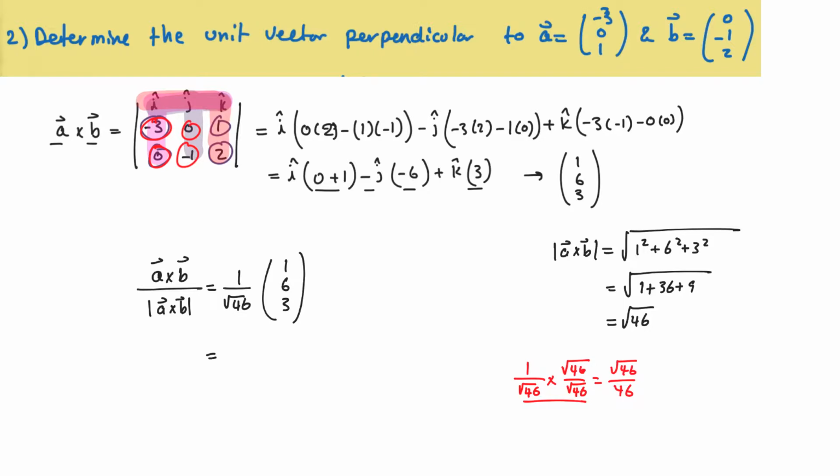And again, we rationalize because we don't want to have a root at the denominator, and that's the standard form for surds and radicals. So my final answer then becomes root 46 over 46 multiplied by vector 1, 6, and 3. And I will highlight this as well.